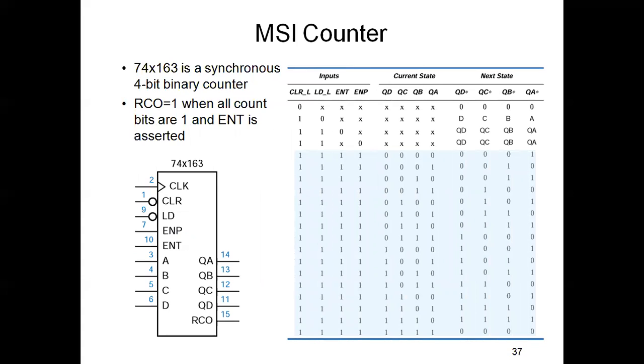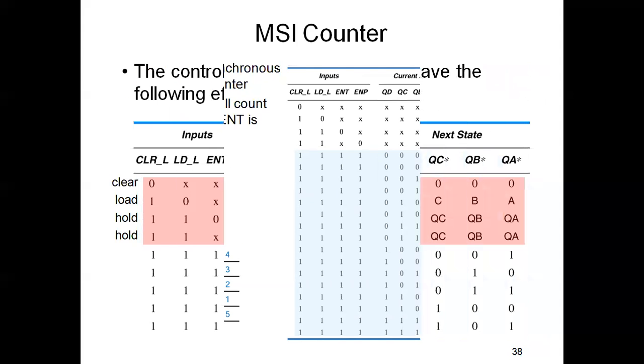MSI counter, 74163 synchronous counter. Here we can see the diagram of input state, current state and next state for the 16-state counter. It is for the current state and next state. It is also a block diagram.